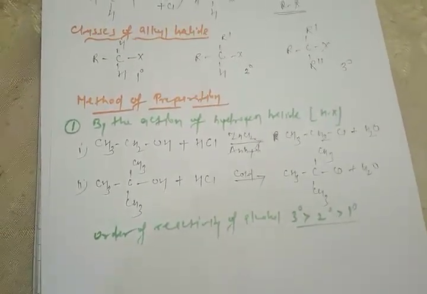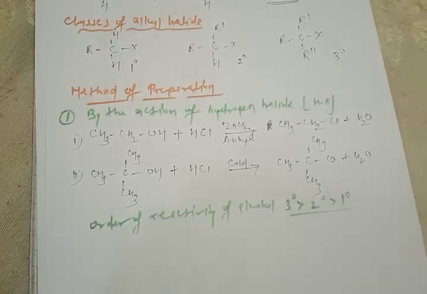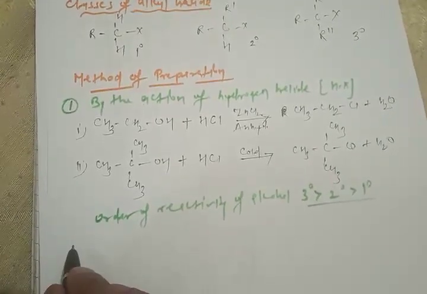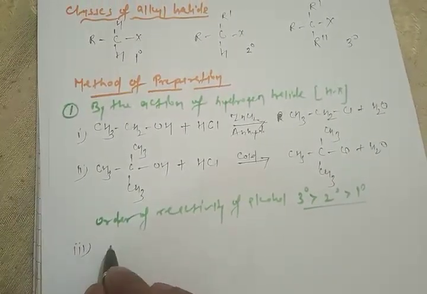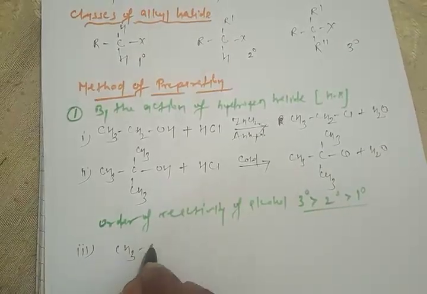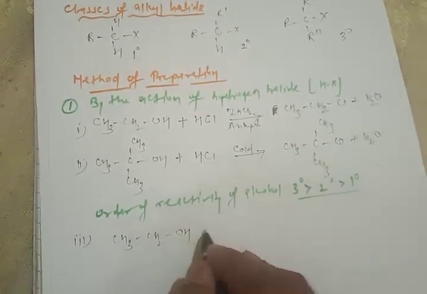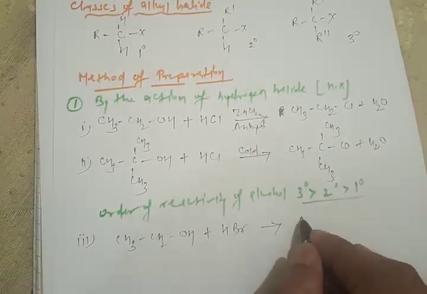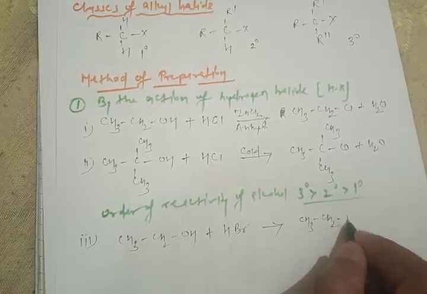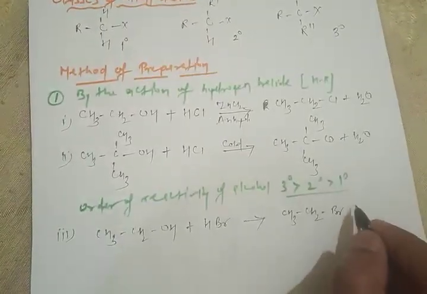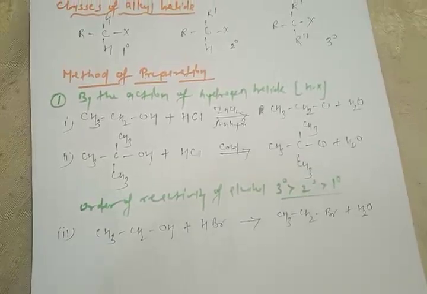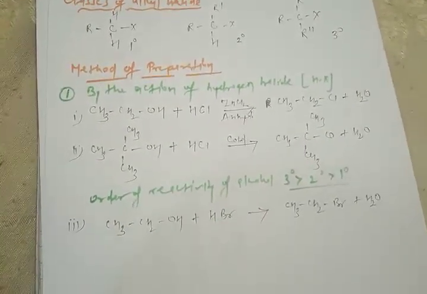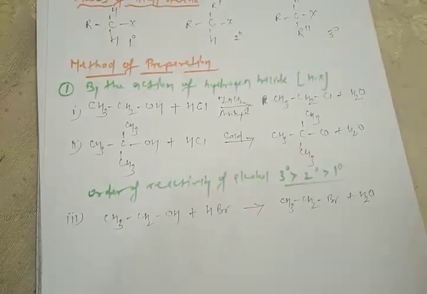Similarly, you can prepare the bromide also with HBr. If you have CH3CH2OH plus HBr, this will give CH3CH2Br plus H2O. So this is the simplest way of preparation. The order you need to remember.